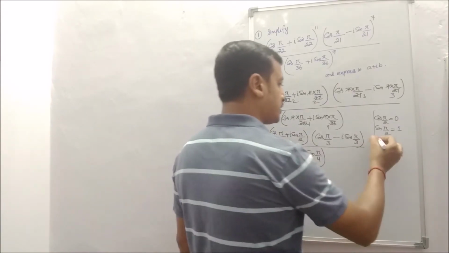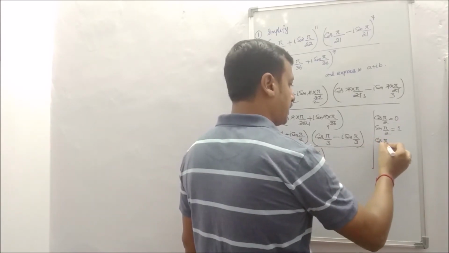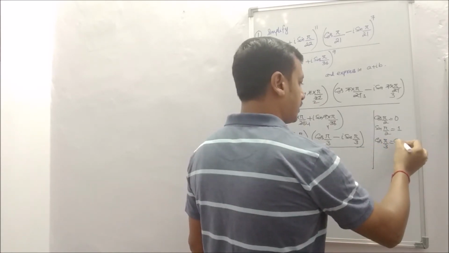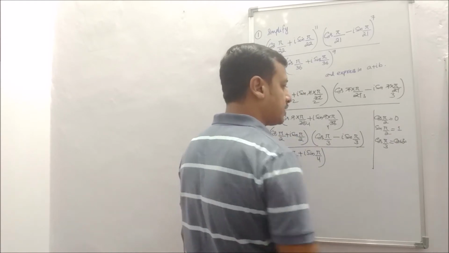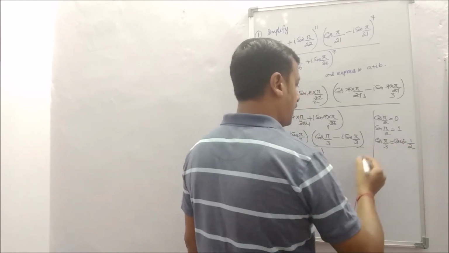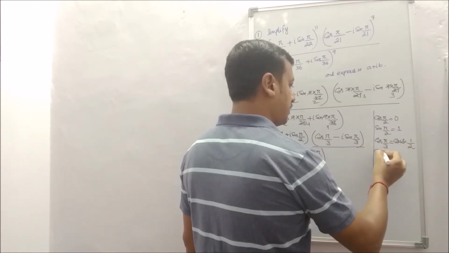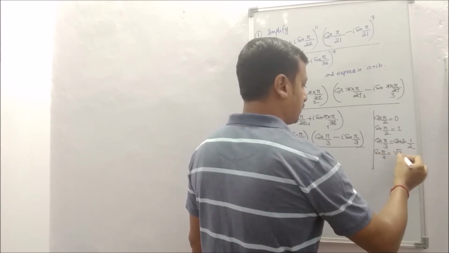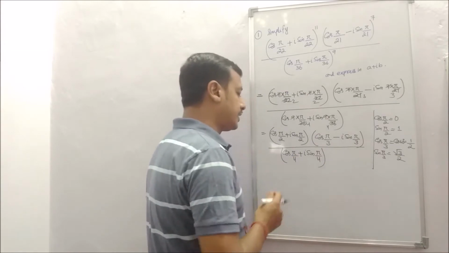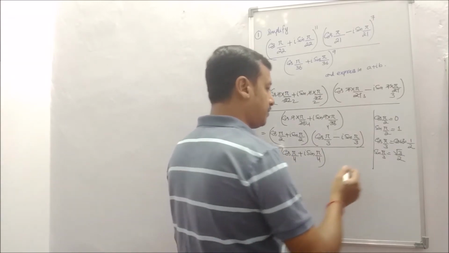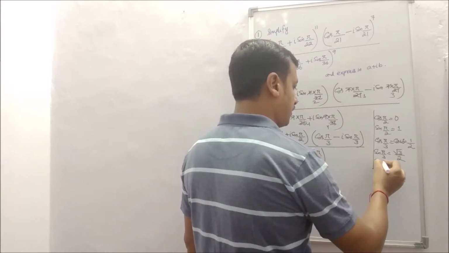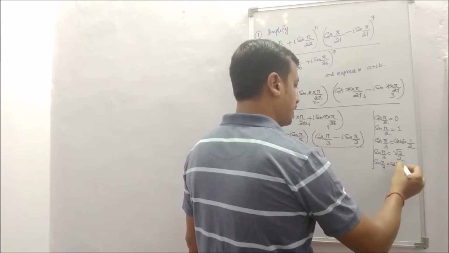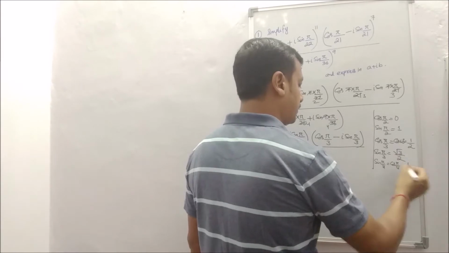Next, cos π/3, that is cos 60 degrees, is equal to 1/2, and sin π/3, that is sin 60 degrees, is equal to √3/2. And cos π/4 and sin π/4 both are equal, that is 1/√2.